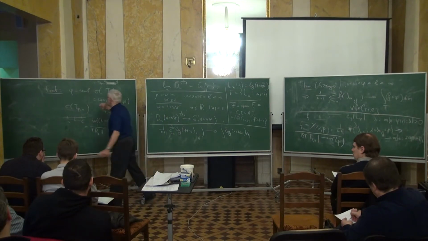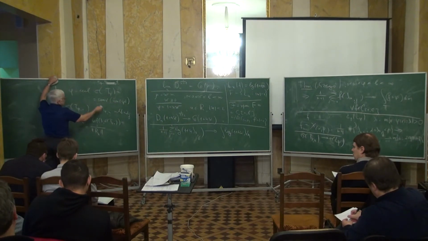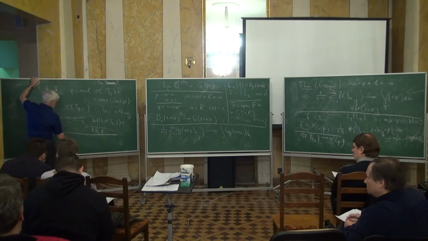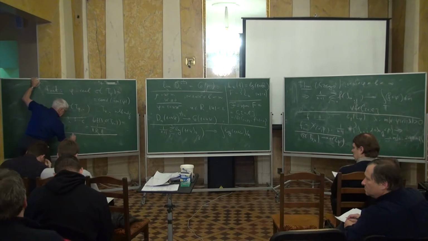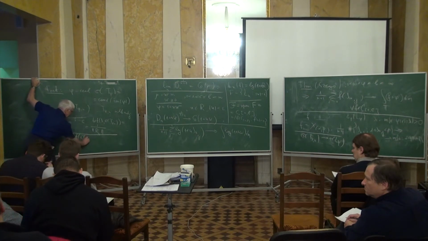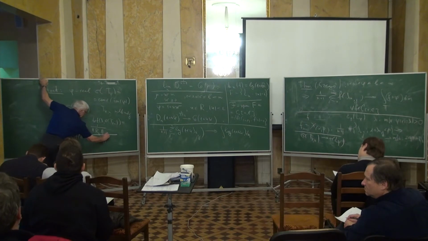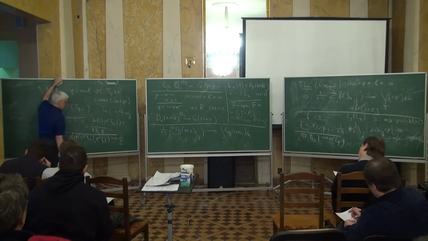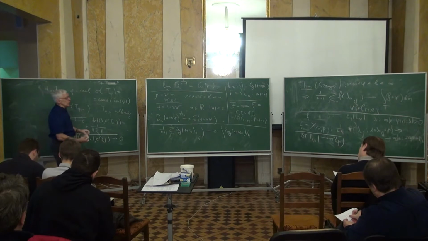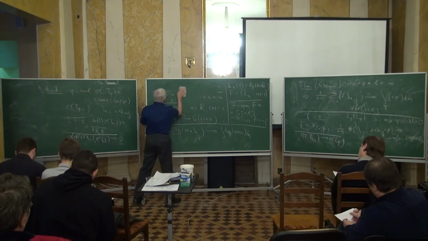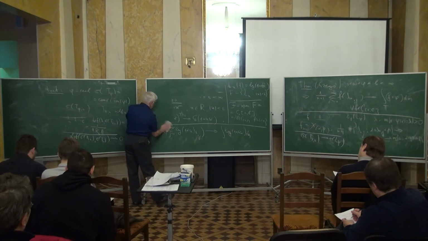So it means that in the uniform sense, the distance between the spectrum of T phi n and the spectrum of T phi in the Hausdorff sense tends to 0. What does Hausdorff sense mean? You know, it is the maximum of two distances.